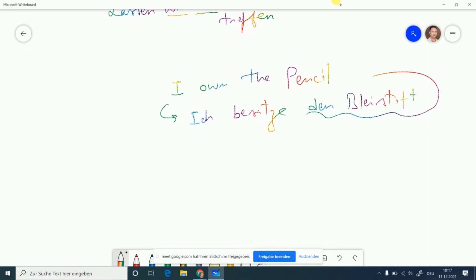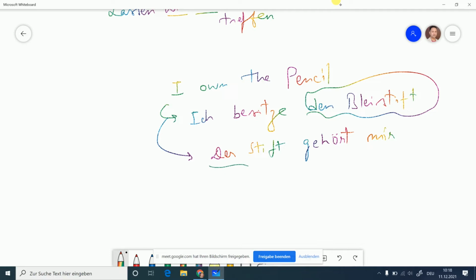This you forget for now. However, the correct German conversion will be: it should be der Stift. Bleistift and Stift are usually the same, it's pencil. Der Stift gehört mir.